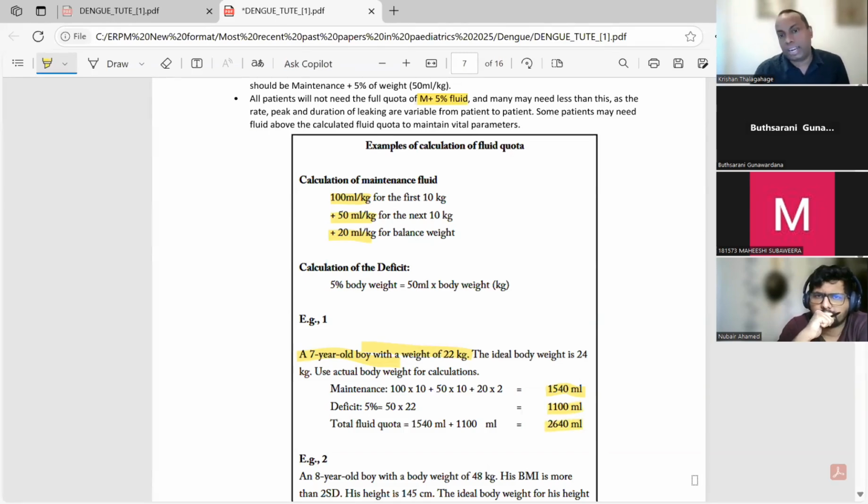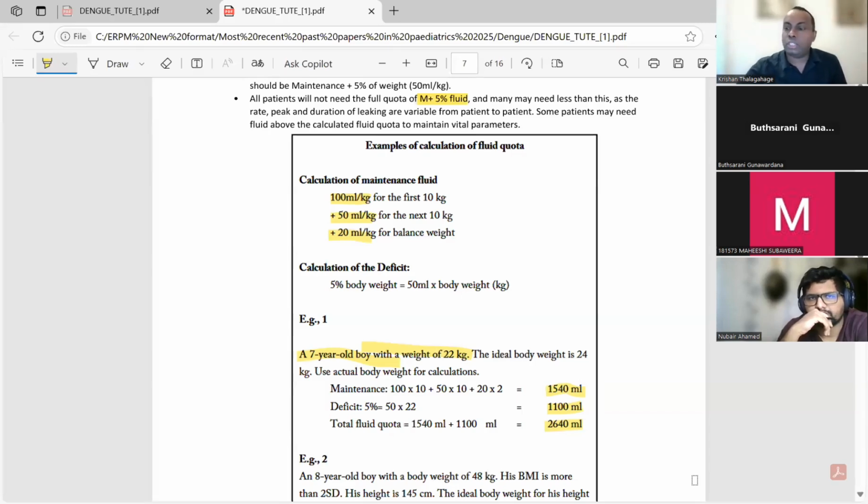Total is 2640. Listen to this very carefully. This amount should be given over 48 hours, not over 24, over 48 hours.